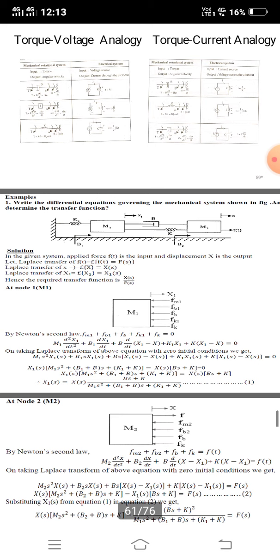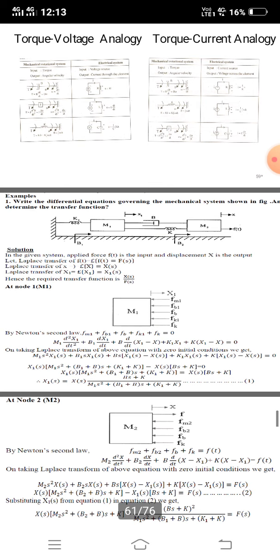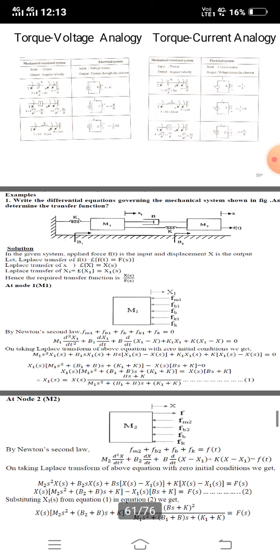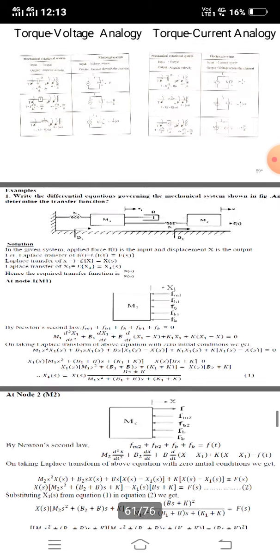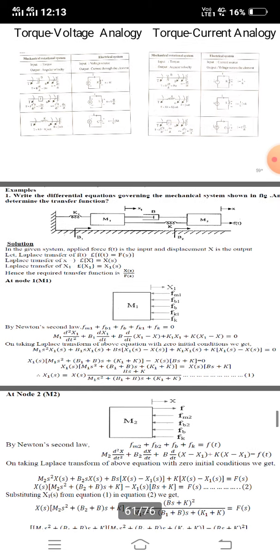We have to conclude this problem with the transfer function at the end. Okay, so we justified this problem is a mechanical translation problem.